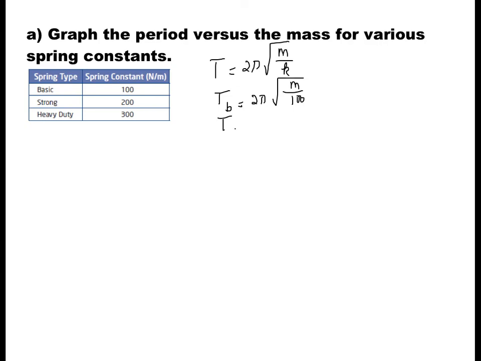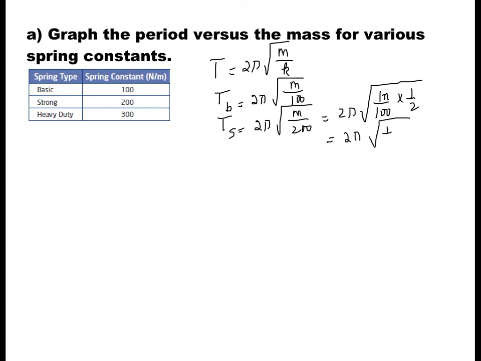For T strong, this function is 2 pi square root of m over 200, which I can write as 2 pi square root of m over 100 times 1 over 2 under the square root, which is the same as 2 pi square root of 1 over 2 times m over 100.